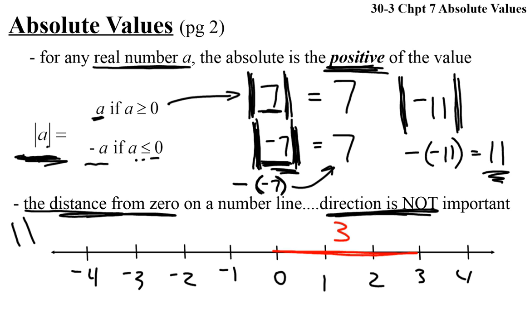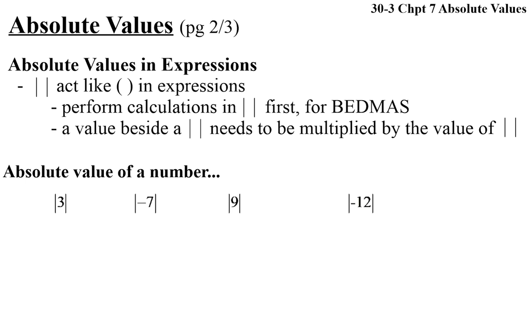It's 3 away from 0. Well, what's the distance of that line? That line has an absolute distance of 4, because yes, it's a negative direction, but we don't care about that. The absolute distance is simply 4. That's what an absolute value is all about.